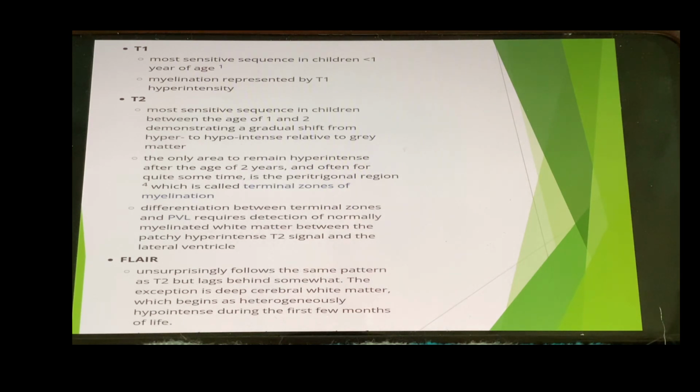In the T2 sequence, the white matter is gray and the gray matter is slightly brighter, and the CSF looks completely bright. Whereas FLAIR is the one where there is suppression of the CSF, and it's otherwise the same as T2.